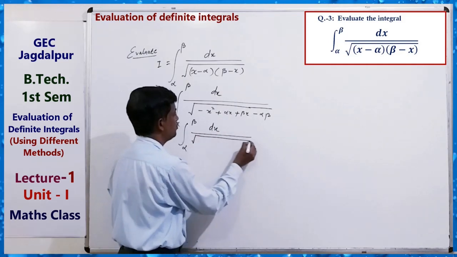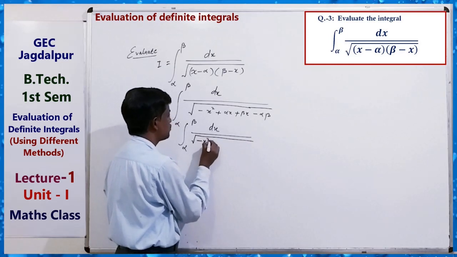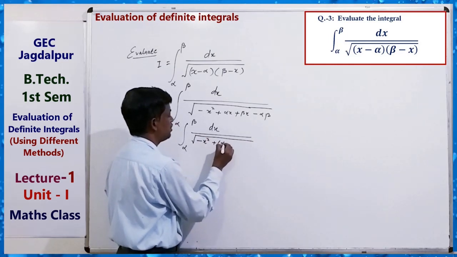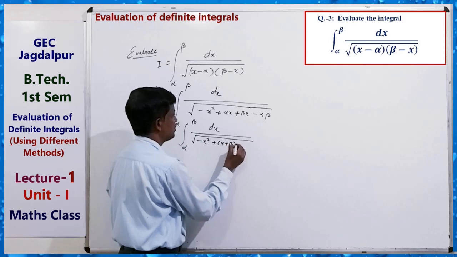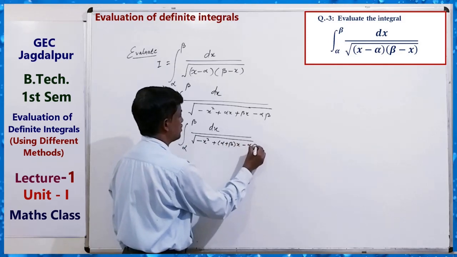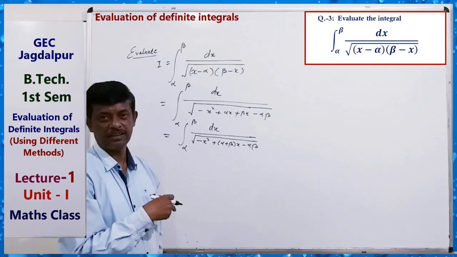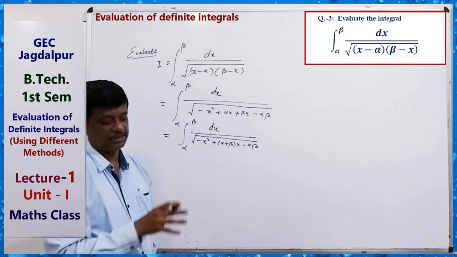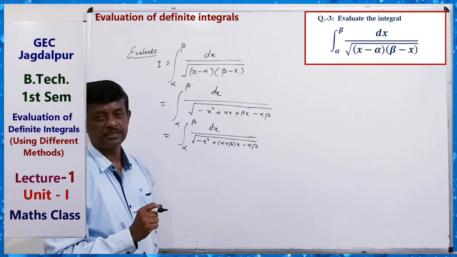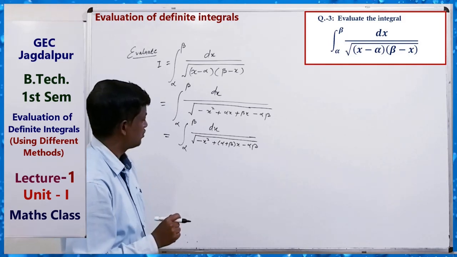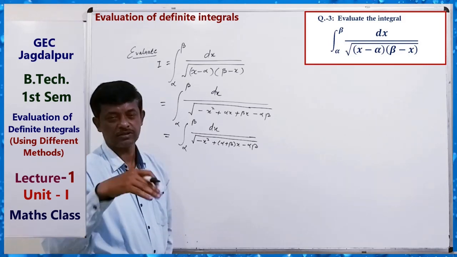Under the square root, we have minus x square plus alpha plus beta x minus alpha beta. This is a second degree factor. It can be written as a square minus b square, a square minus x square, or x square minus a square.